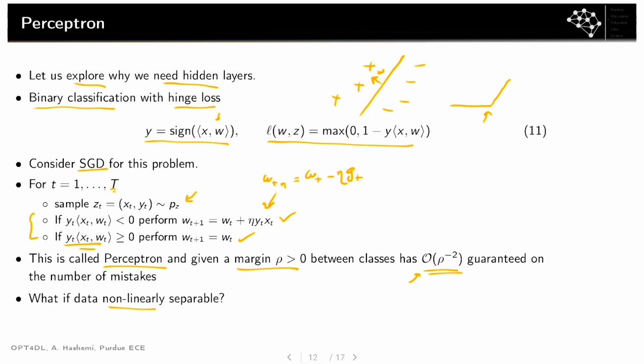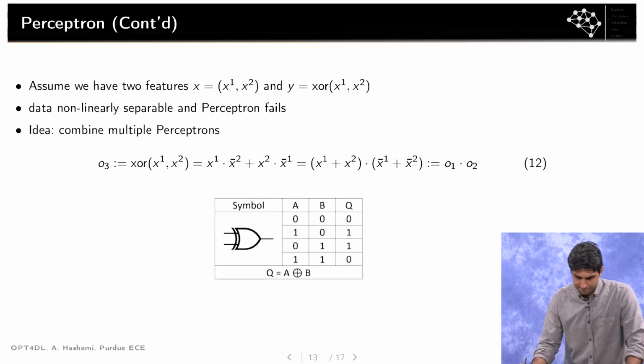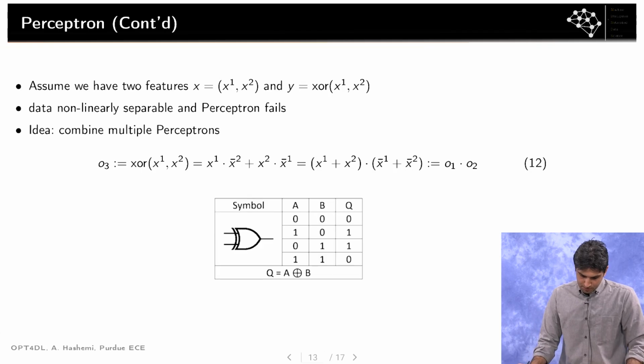If the data is not linearly separable, essentially this margin is zero, so we're not going to have any bound on the number of mistakes of the perceptron algorithm. In fact, there are examples, such as the one we're going to talk about next, that show this simple method will fail, meaning that it will never stop making mistakes. So let's talk about this example then.